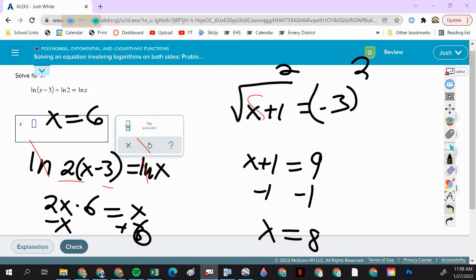What happens when I put an 8 there? 8 plus 1 is 9. Is the square root of 9 equal to negative 3? No. So anytime you solve a square root equation, you always have to be careful that the square root is never equal to a negative number. So if we look back at the original problem, can a square root equal negative 3? No. So that would be no solution, right?